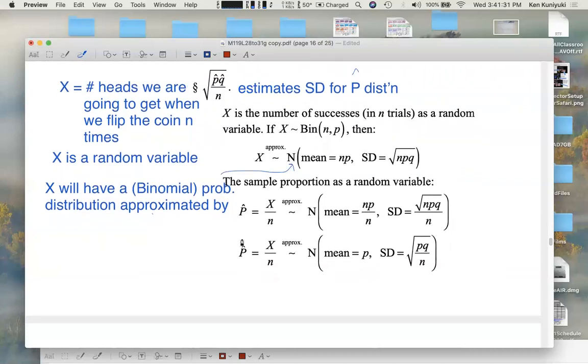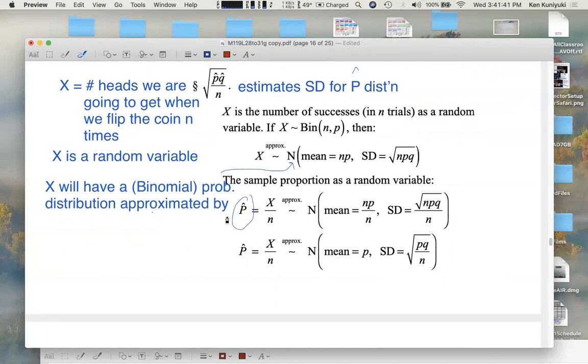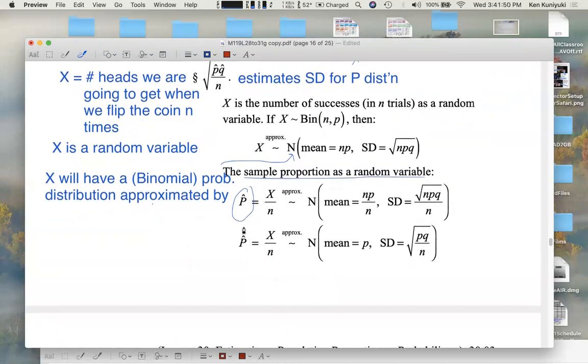But now wait, in the end, we're not so interested in the number of heads. We're interested in the proportion of heads. We're more interested in P hat as a random variable. P hat is the sample proportion of successes as a random variable. And how do we get this sample proportion?